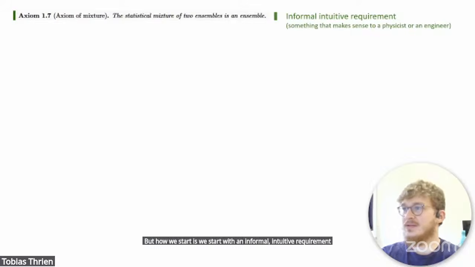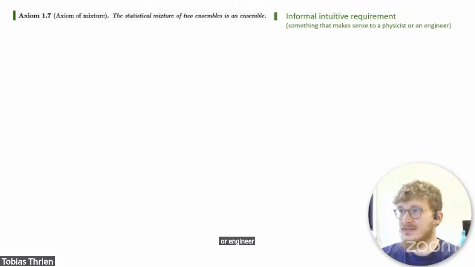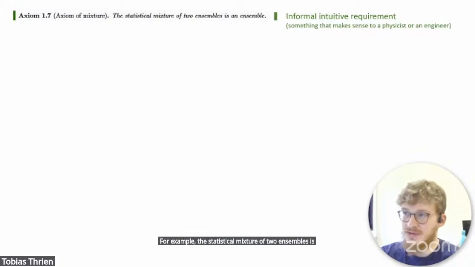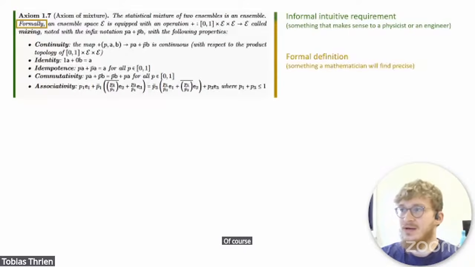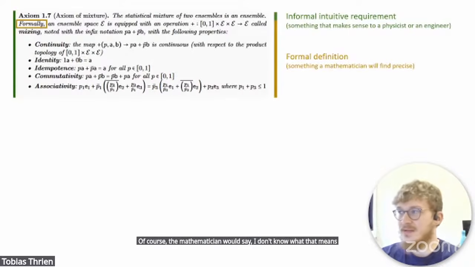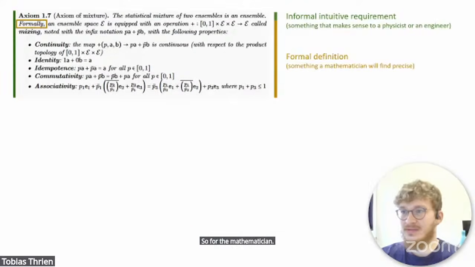That is just something that should make sense to every physicist or engineer. For example, the statistical mixture of two ensembles is an ensemble. If you know what an ensemble is and what statistical mixing is, this is obvious. Of course, a mathematician would say, I don't know what that means. This is not precise. So for the mathematician, we give a formal definition.